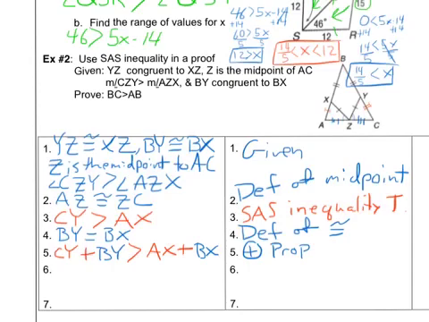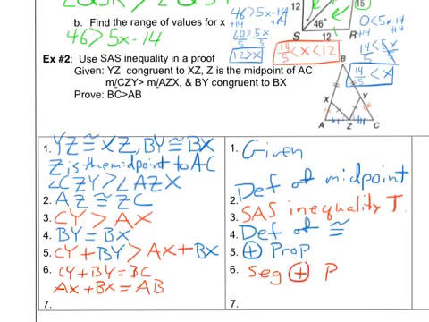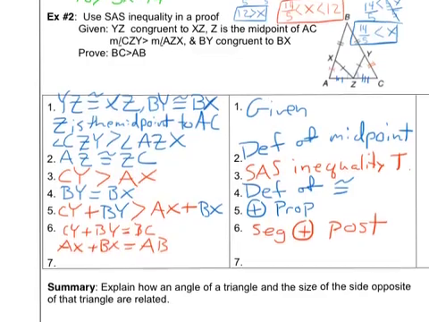So let's state that. I'm going to go all in red, and I'm going to say CY plus BY equals BC, and AX plus BX equals AB. And that is simply the segment addition postulate. We learned that a while back. Not ready to forget about it quite yet.